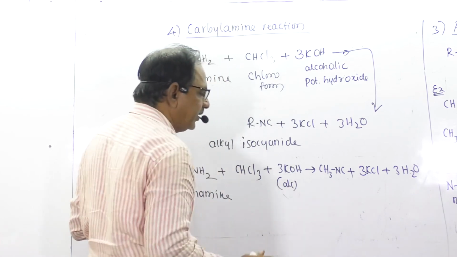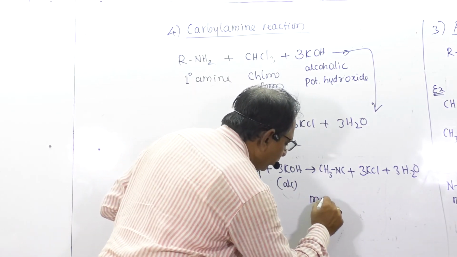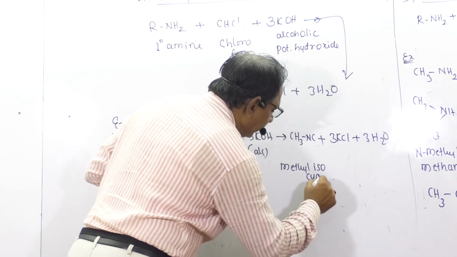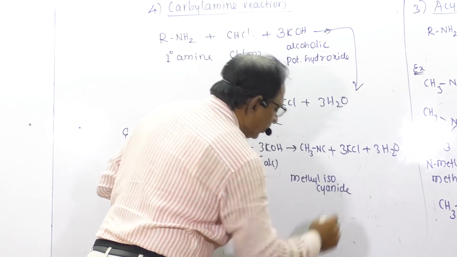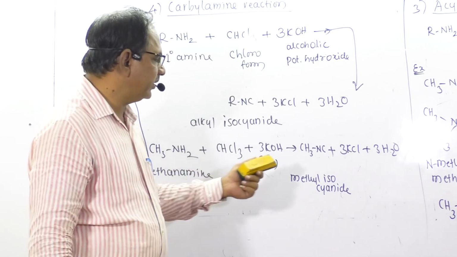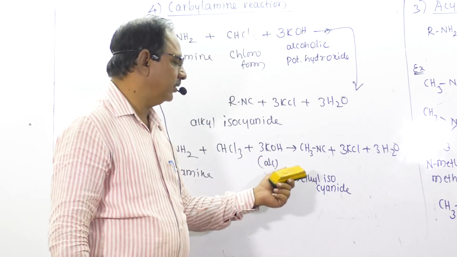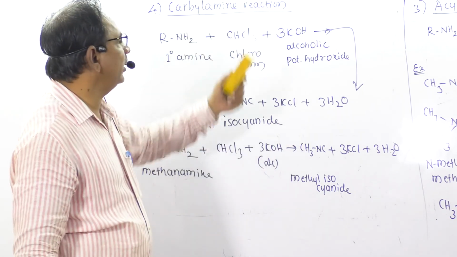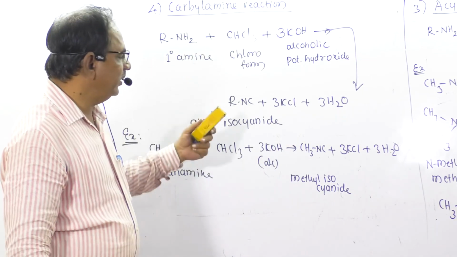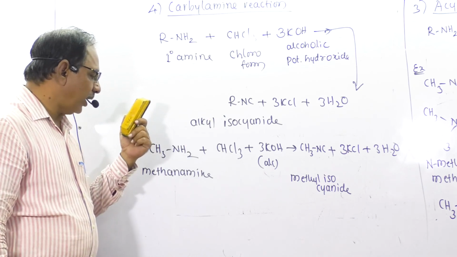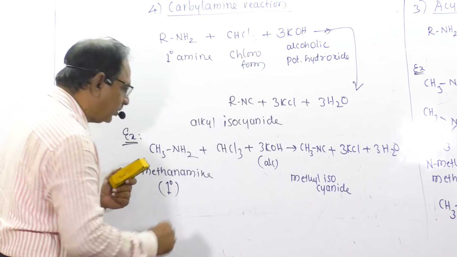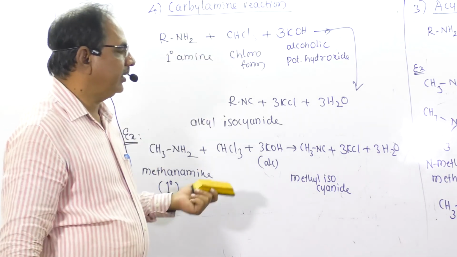So this is called methyl isocyanide. The smell of methyl isocyanide is a very dirty smell. Hence that smell indicates the formation of carbylamine. This reaction is used to identify only primary amines, but secondary and tertiary amines do not undergo the carbylamine reaction.